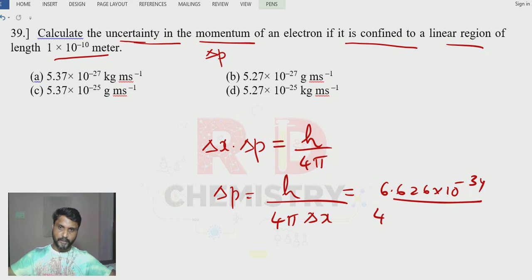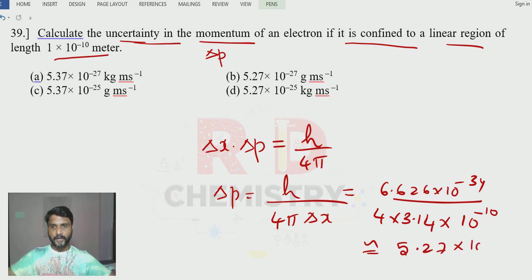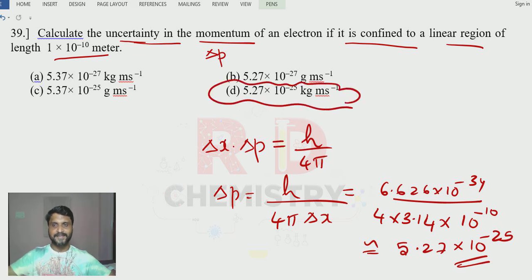Divided by 4 into 3.14 pi value into delta X, which is equal to 10 to the power minus 10. So this comes to approximately 5.27 into 10 to the power minus 25. Okay, clear? So the answer is option number D. Fourth one is the answer.